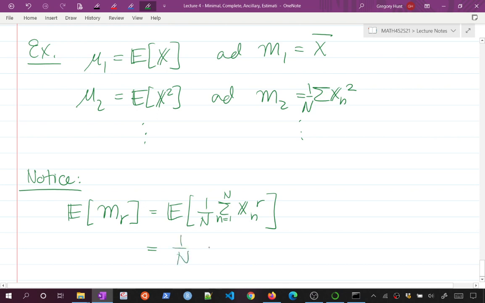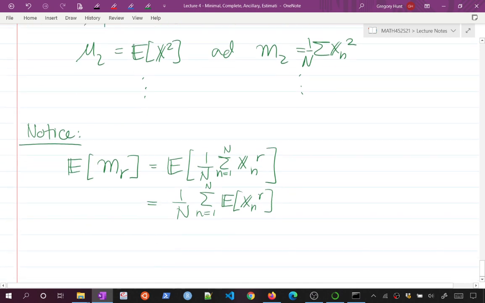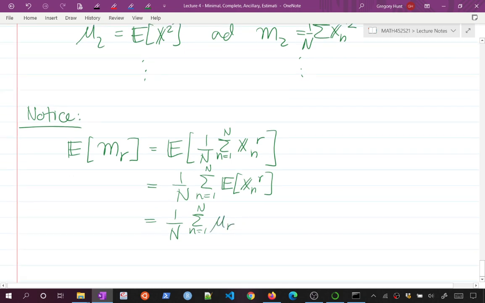Certainly I can bring out that 1 over n, and certainly I can bring out that sum, because expectation is linear. And so I get 1 over n times the sum of that. But of course, the definition of the expected value of x to the r is just mu r. That's the rth moment of the x_i's. And so I have, at the end of the day, just mu sub r.